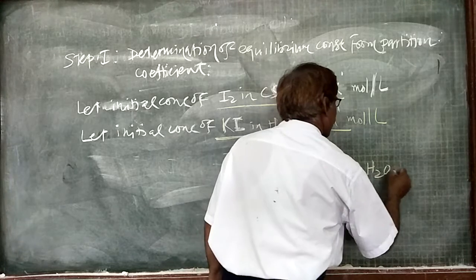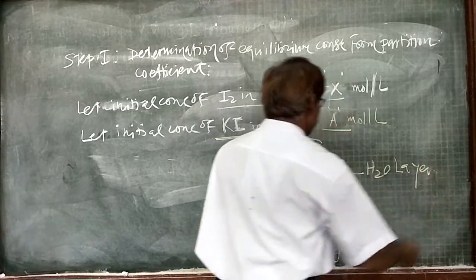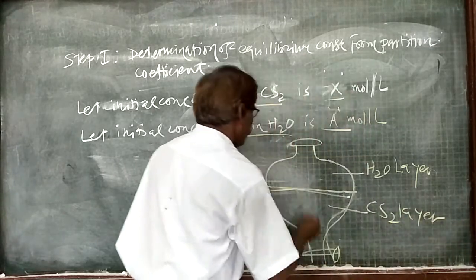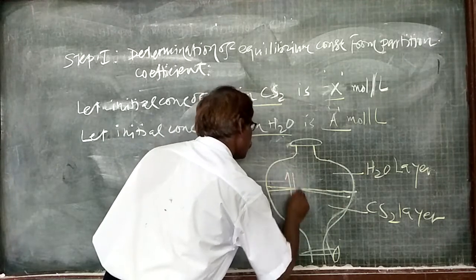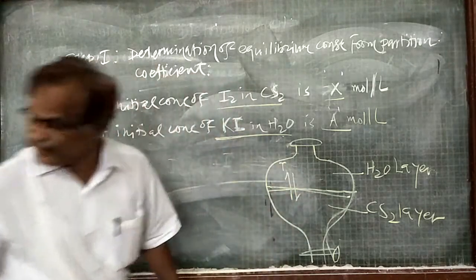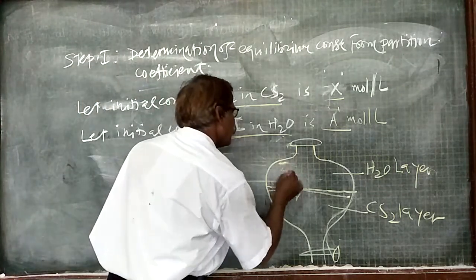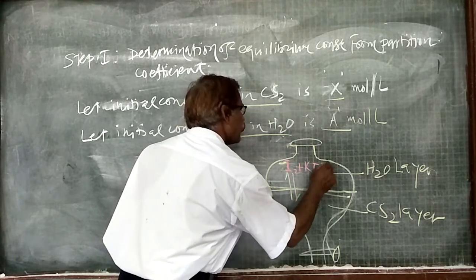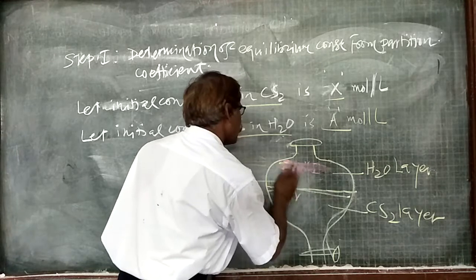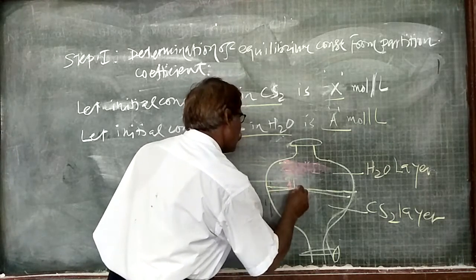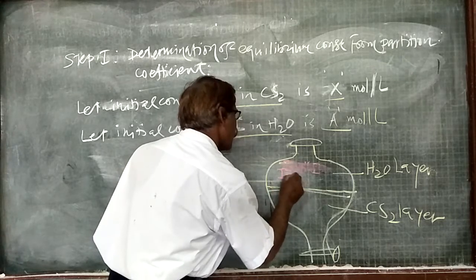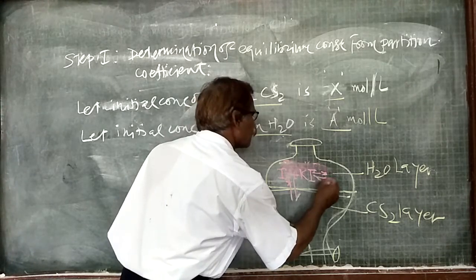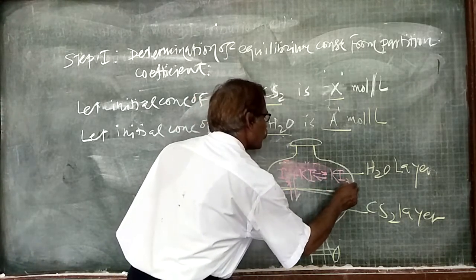Aqueous layer, H2O layer, here it is CS2 layer, and iodine, I2, plus KI gives iodine plus KI in equilibrium with KI3.